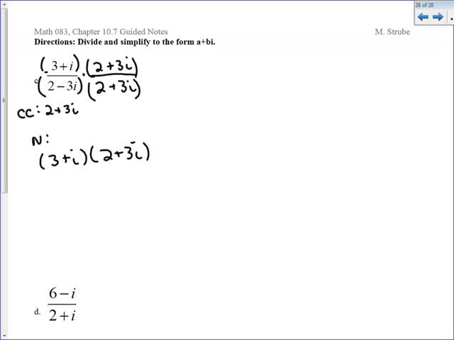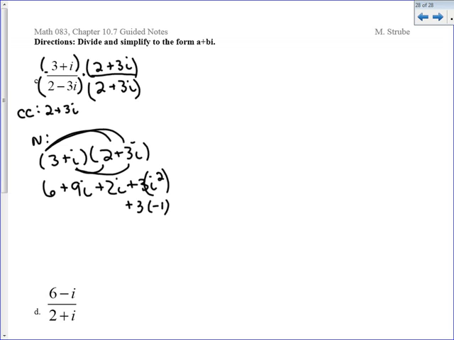So my FOIL is going to be 6 plus 9i plus 2i plus 3i squared. So this is what we did last time. If you can do what we did last time, you understand how to find a conjugate, you can divide. I always start by replacing my i squareds with a negative 1, so that last term is negative 3.